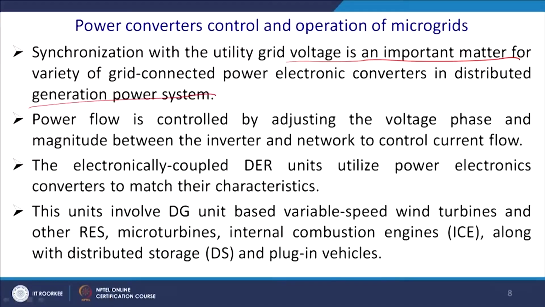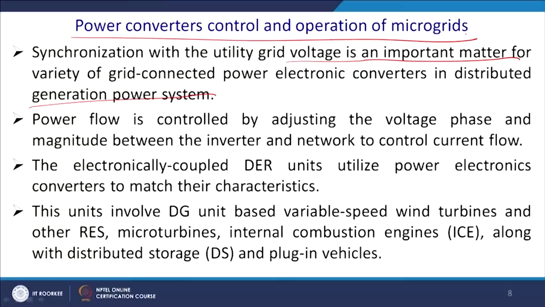So, we have to see what the point of entry is, so that we can give redundancy. If a particular converter is non-functional, you can manage to send power through the grid or take power out of the grid. This kind of architecture we have already discussed, and this is one of the important criteria for power converter control and operation of the microgrids.